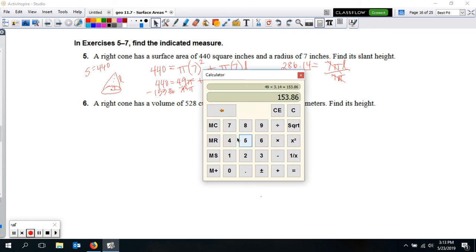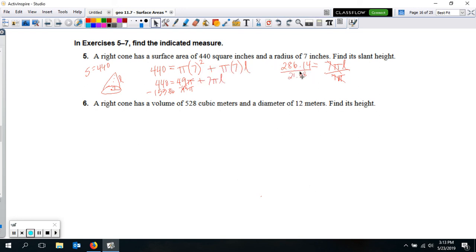So 7 times 3.14, that's going to give me a decimal of 21.98. So that's what we're going to divide by. And when I divide 286.14 by 21.98, that'll give me my answer for the slant height, which is just 13.02. And we're just going to say inches on this for the slant height because it does show us that the radius is inches, so the slant height is going to be inches as well.